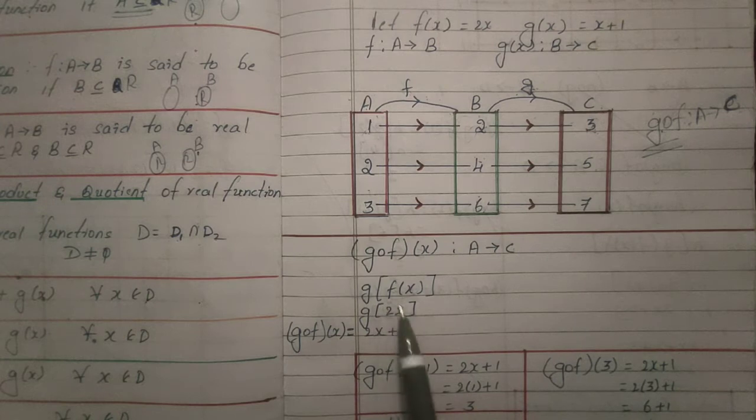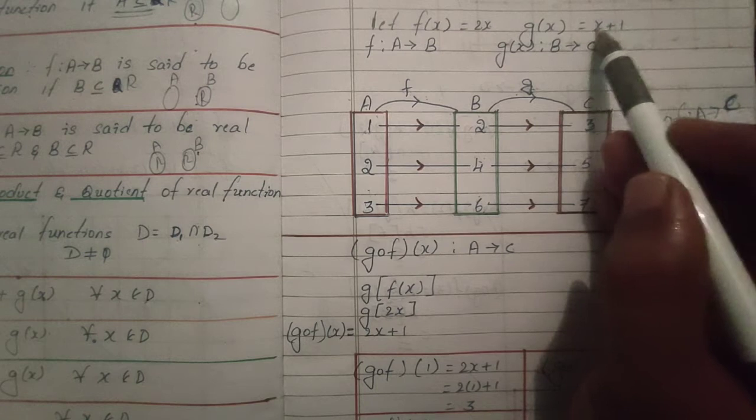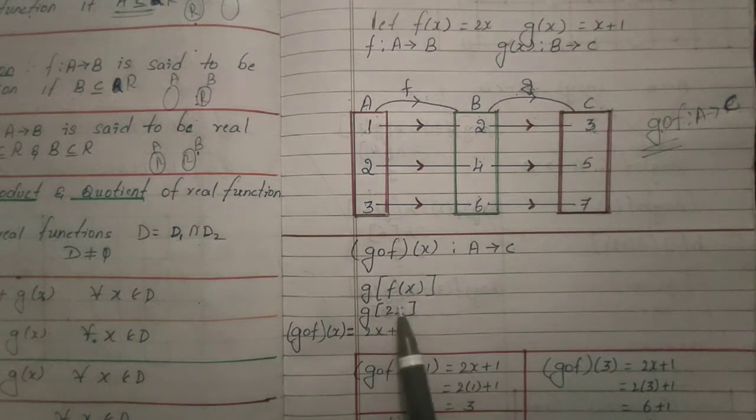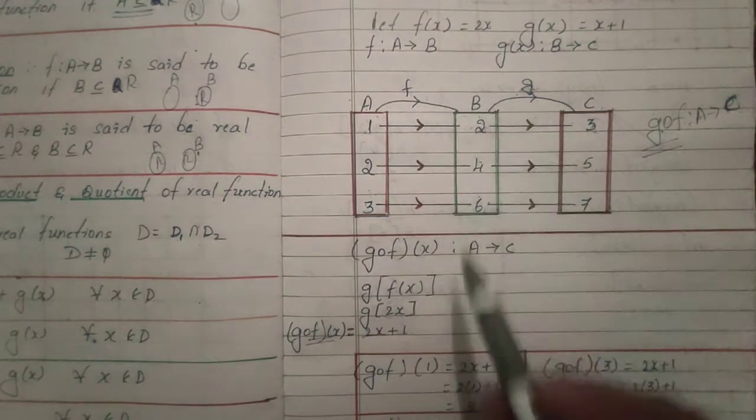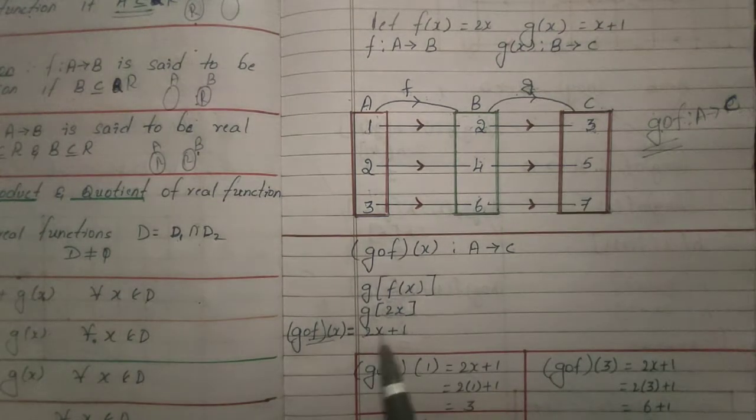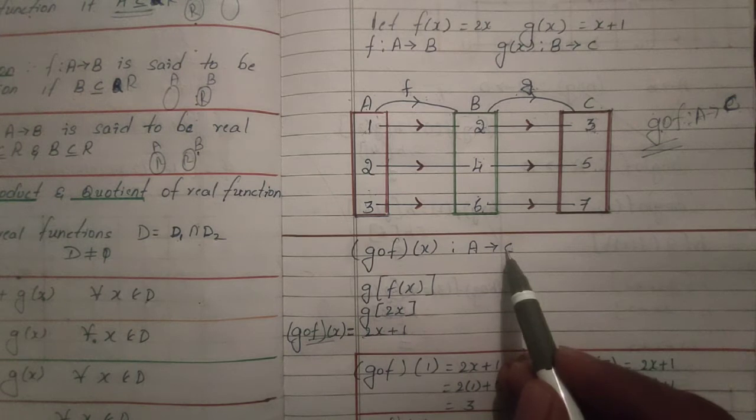Everything you consider as x now. G of x function is saying x plus 1. So 2x plus 1. This is my GOF function, 2x plus 1. When you combine f and g, the composite function is 2x plus 1. GOF means from A to C.